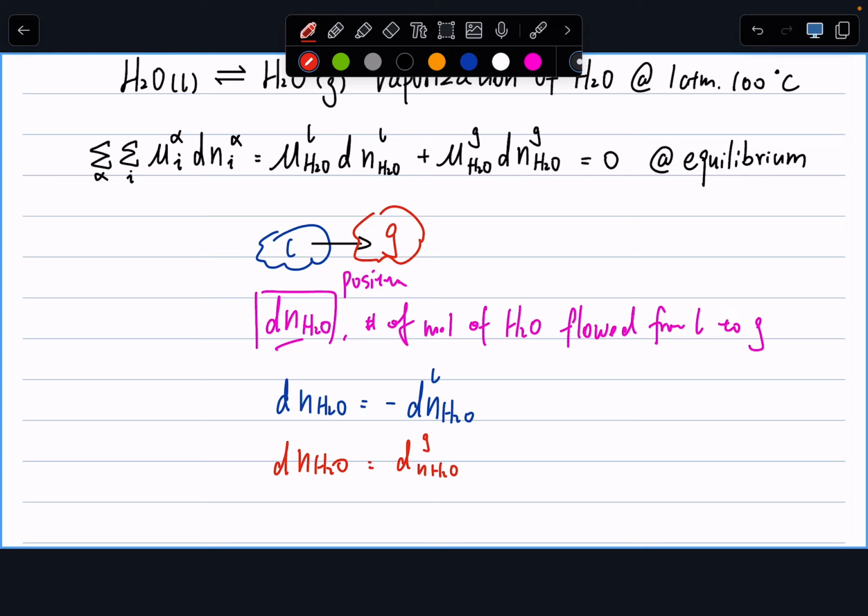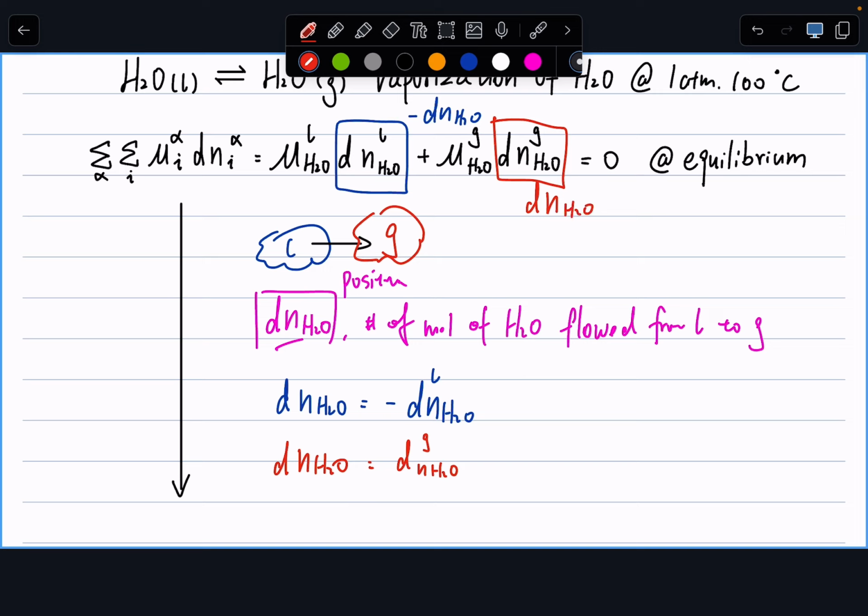All right. So now let's plug these numbers into our original equation. What do we have? So let's see. My dnH2O liquid equals negative dnH2O. My dnH2O gas equals my dnH2O.